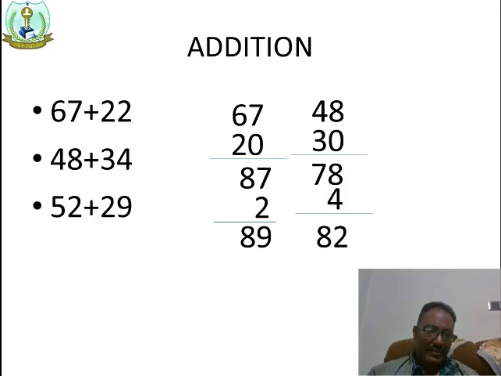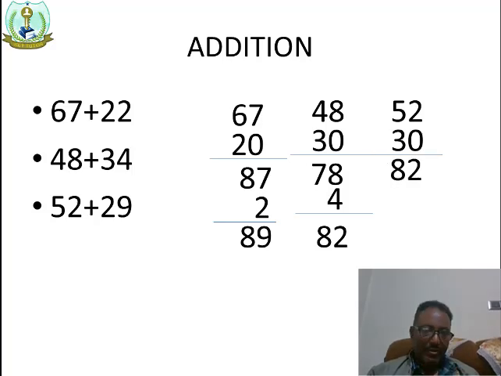Now in the next example we'll have a little bit of trick. You see, 29 is near to 30, so why don't we add 30 instead of 29? 52 plus 30 is, now you know, 82. When you write 29 as 30, you added 1, so you should subtract that 1 from the sum.